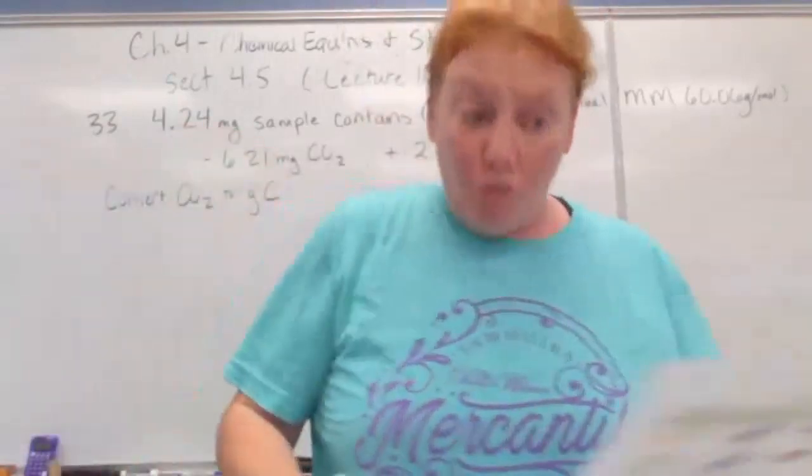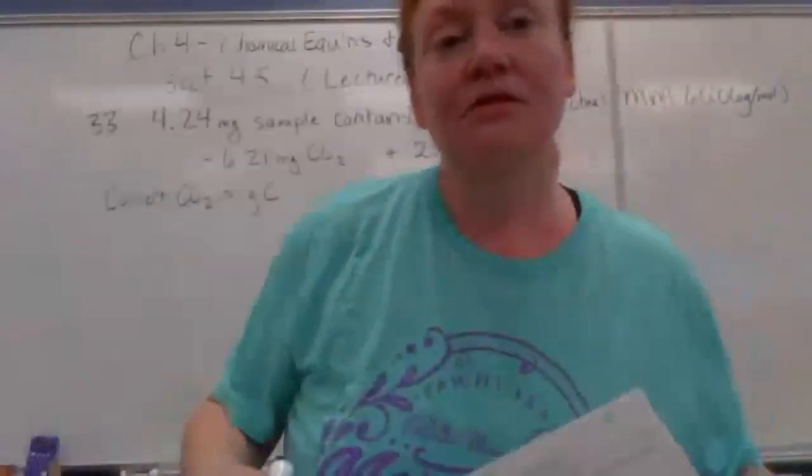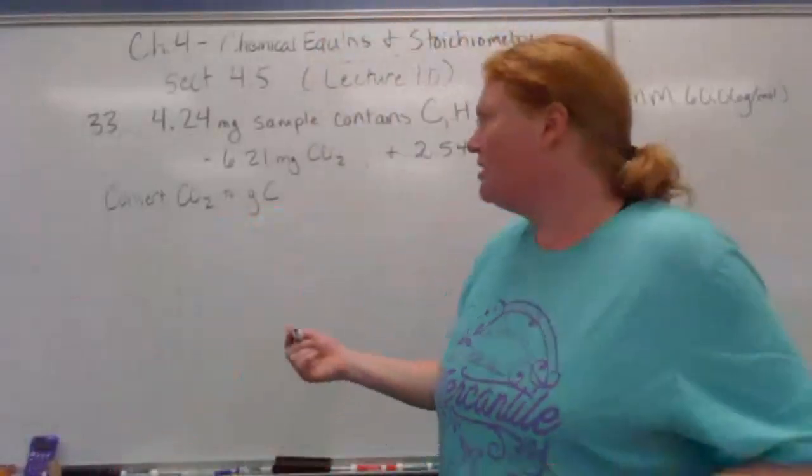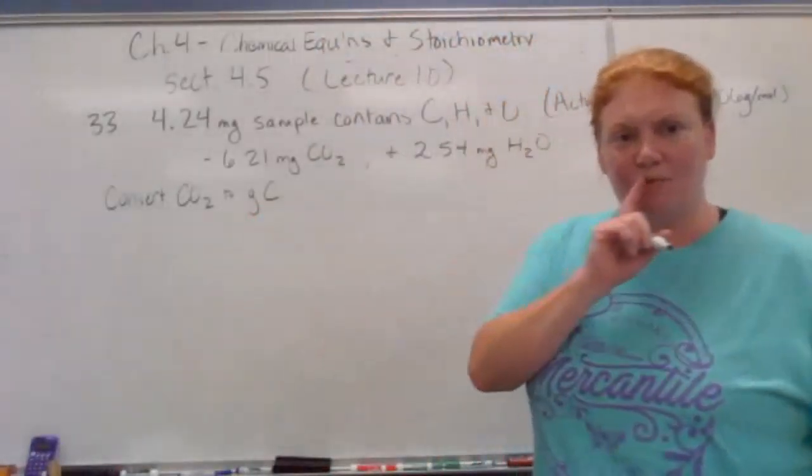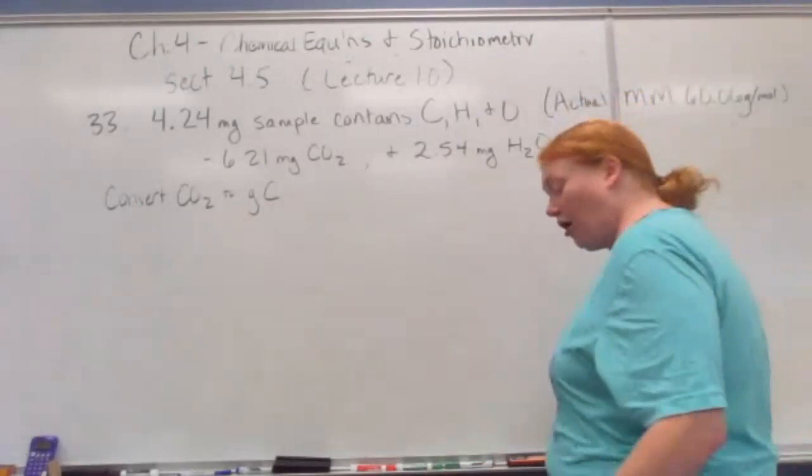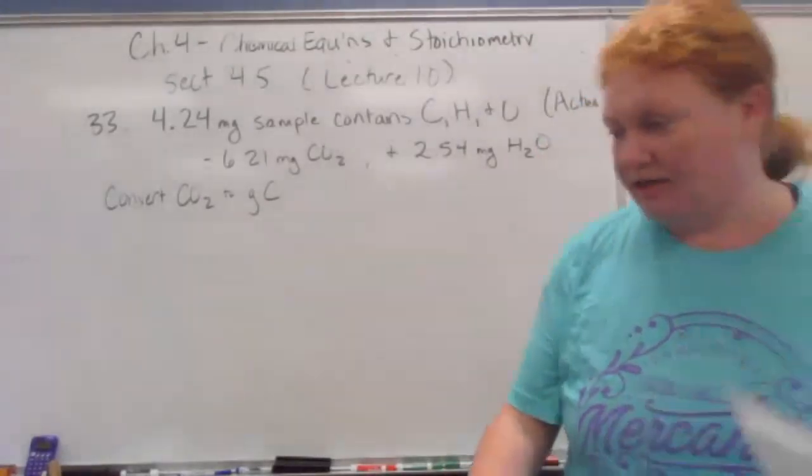We also learned in chapter 3 that you could use the percent composition of a compound to get the mass of an element. I'm actually going to work it that way. You guys may prefer to always work it the train track way, and that's fine.